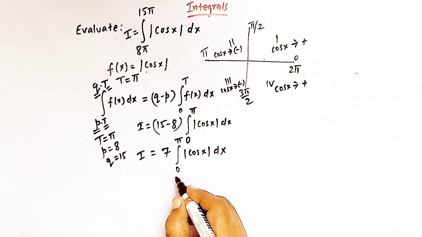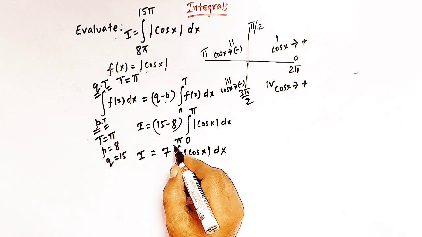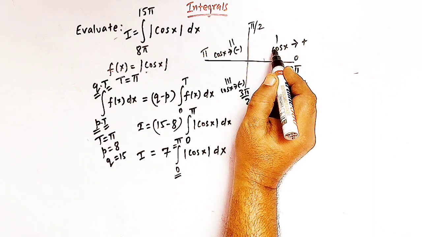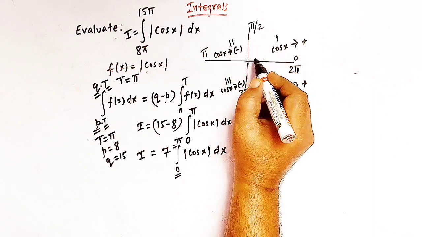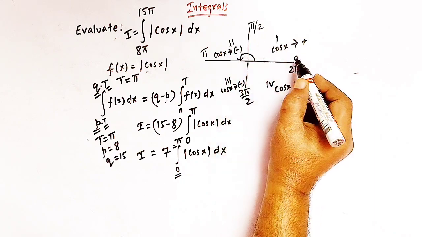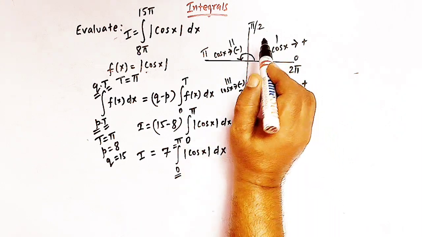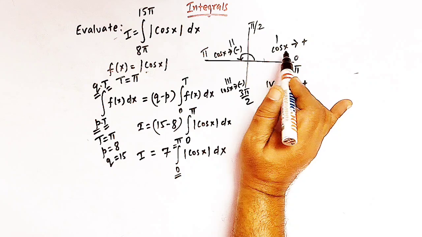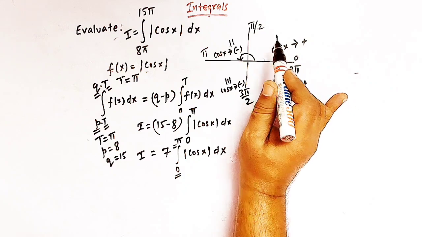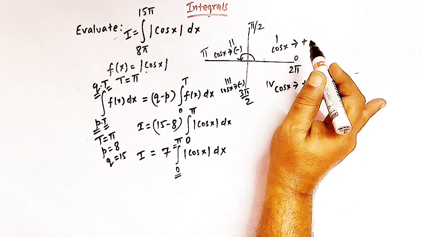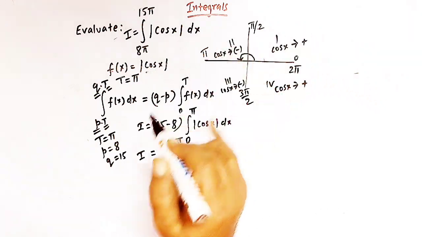Now here the limits of integration are from 0 to pi. So we have to go from the first quadrant to the second quadrant, and when we do, the cosine function changes sign from positive to negative.